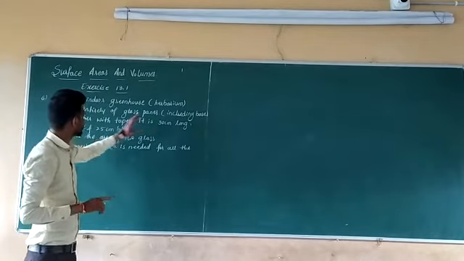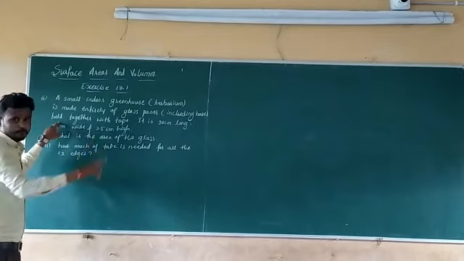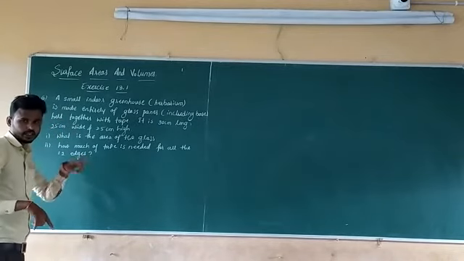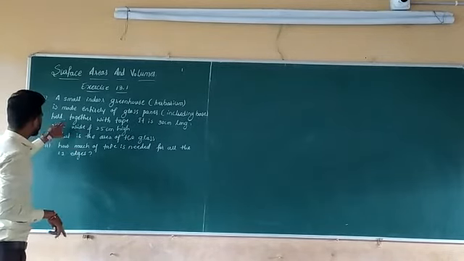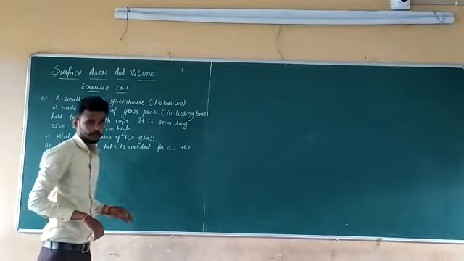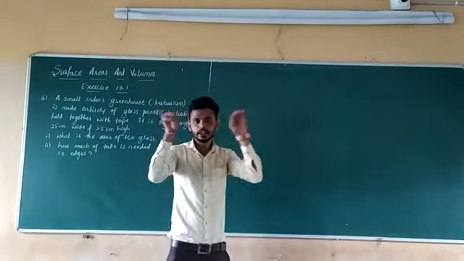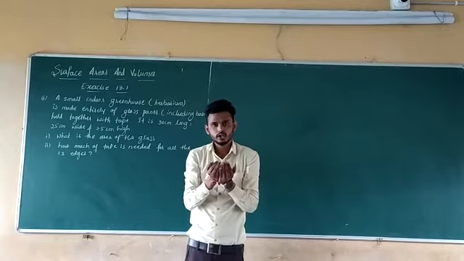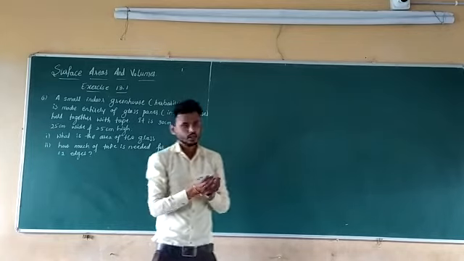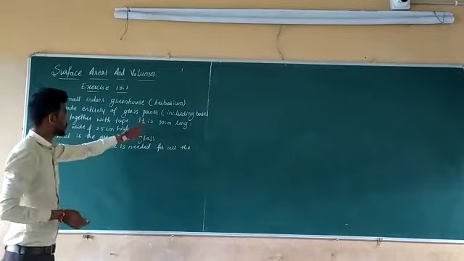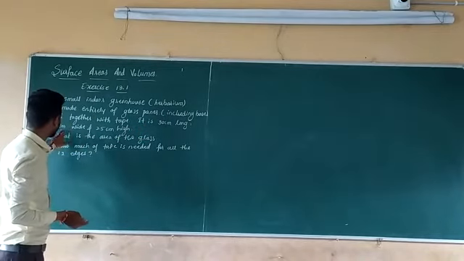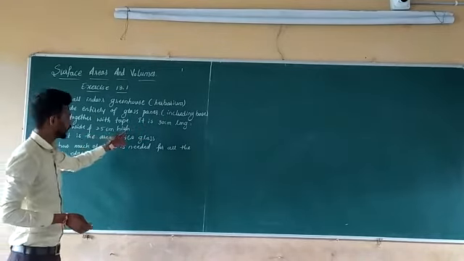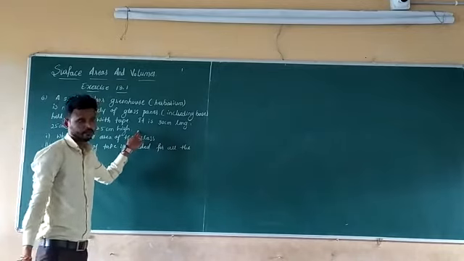Including the base also, it is made up of glass panes, held together with tape. For joining all six faces, what do we use? Insulation tape. It is 30 centimeter long, 25 centimeter wide and 25 centimeter high.